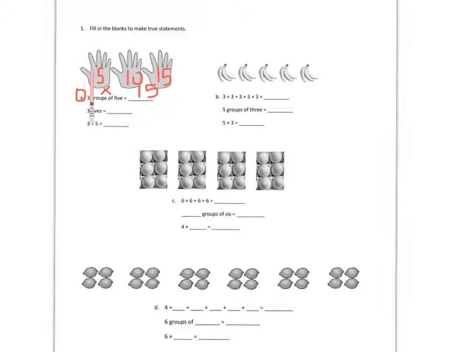Well, here's 1 5, 2 5s, 3 5s. 3 5s equals 15. And the multiplication sentence, 3 times 5, I know now equals 15. I was able to represent it 3 different ways and use what I know about the word groups of to help me solve.